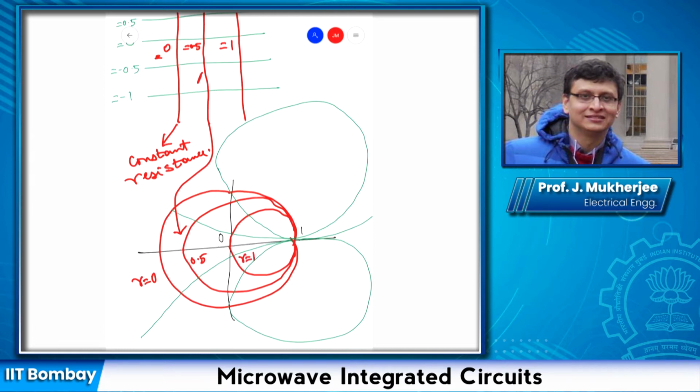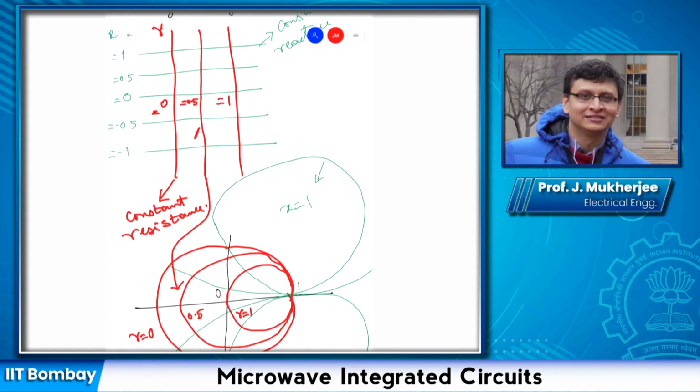And these green lines, this one is x equal to 1, the constant reactance circle. So what basically has happened is that this green line has become this one. Similarly, this is the x equal to 0.5 constant reactance circle.